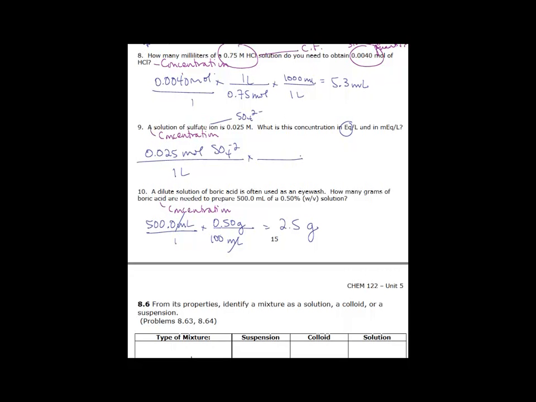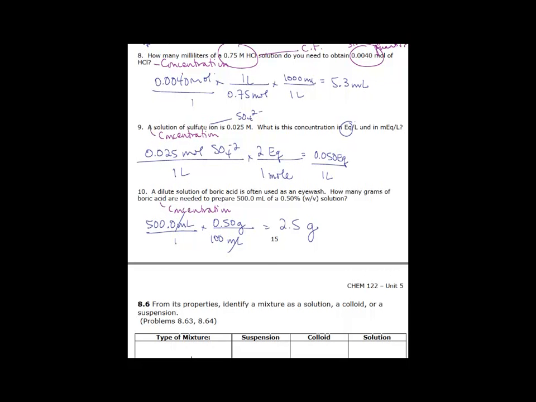So remember moles and equivalents from way back at the first part of Unit 5. The number of equivalents is determined by the ion charge. So it's 2, so 2 equivalents. So you have 0.050 equivalents in 1 liter.